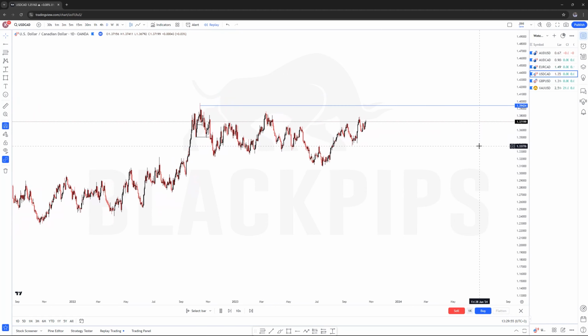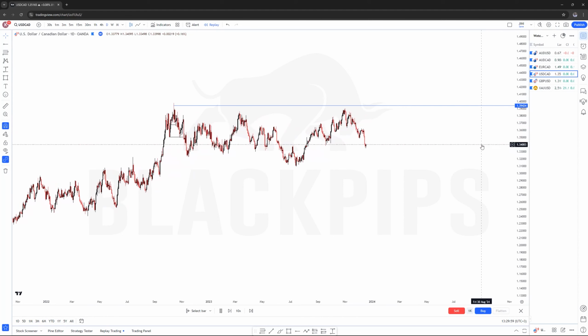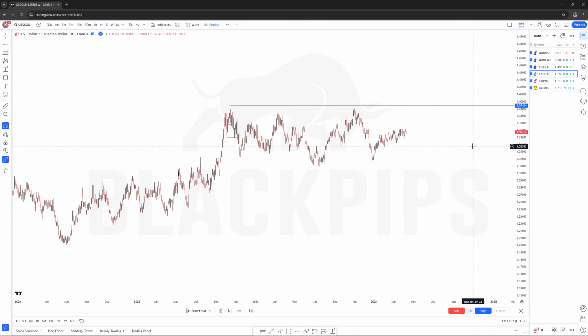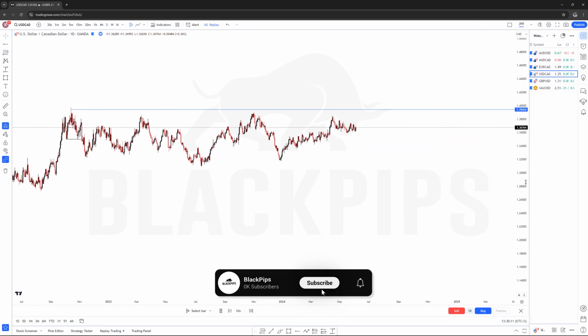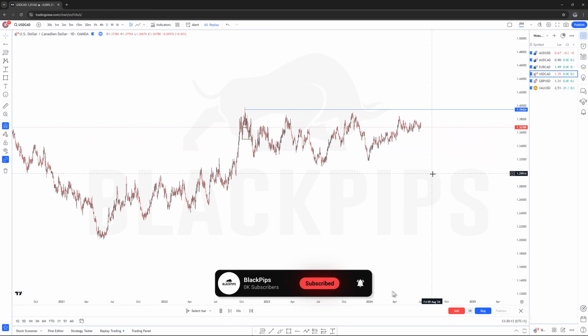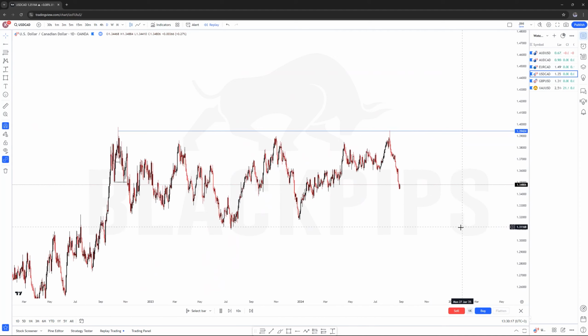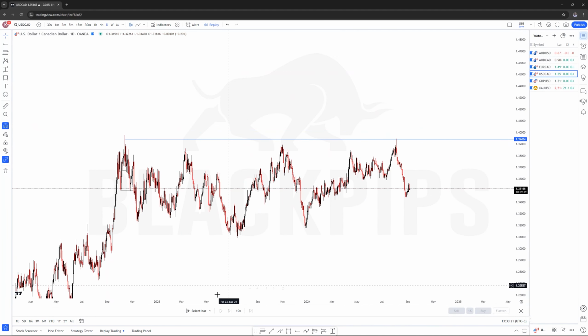So what you can see is that the market just tried to come, but it didn't. The market took a long time to come, but you can see the market finally activates our entry.